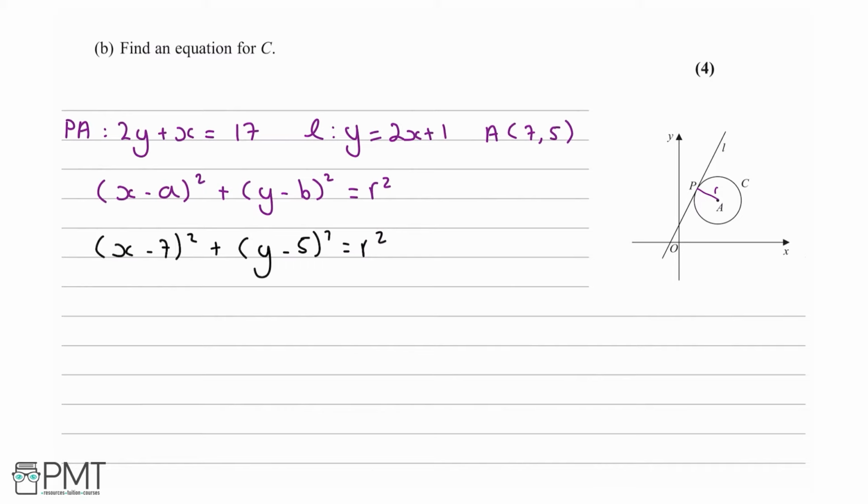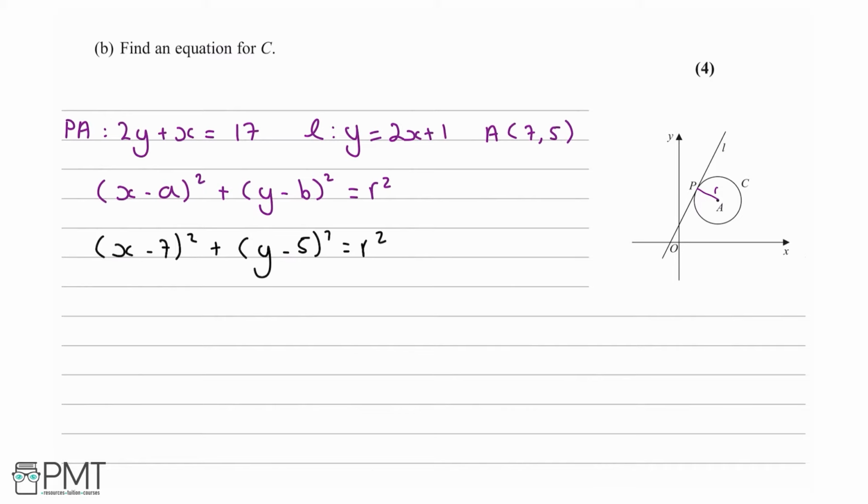Great. So that's one bit done. Now all we need to do is find the radius. So if we look back at our diagram here, our radius is the distance between points P and A. So what we need to do is find the distance between P and A.